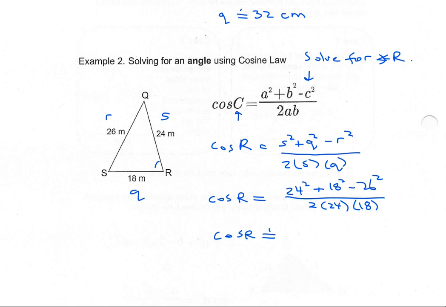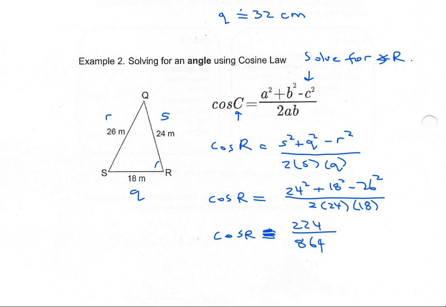Cosine of R equals, I'll just leave it like that. And then we can figure out the numerator. So 24 squared plus 18 squared minus 26 squared. That is 224 divided by 2 times 24 times 18. 864.